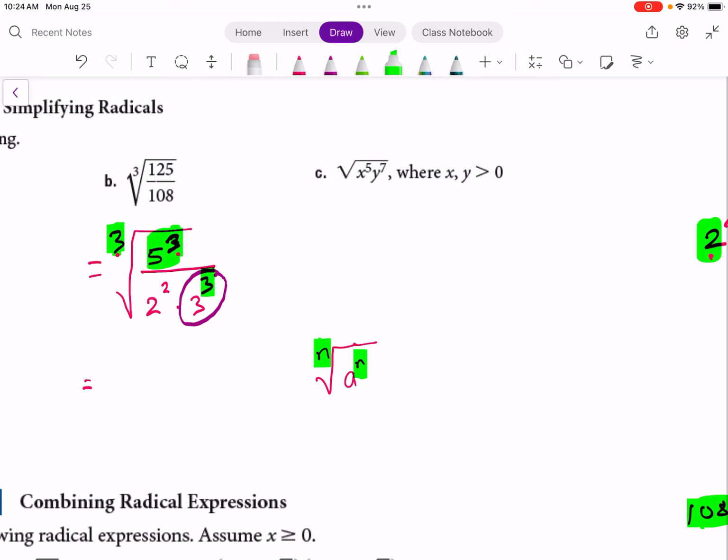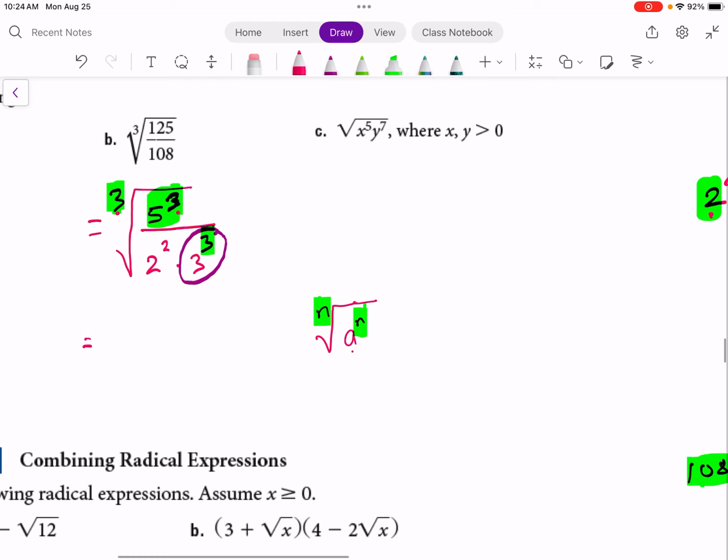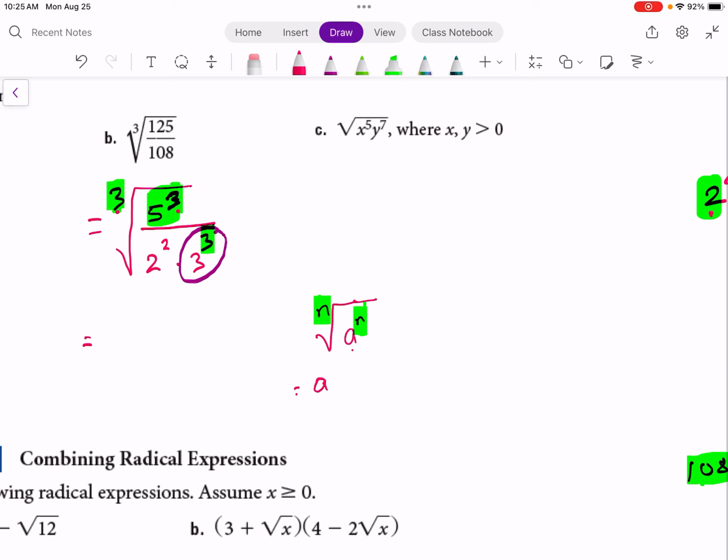And if this is the case, then you can write a outside the radical sign, and inside the radical sign we are left with 1, and any root of 1 is always 1, right? Like a fifth root of 1 is 1, square root of 1 is 1, so you can simply write this as a.